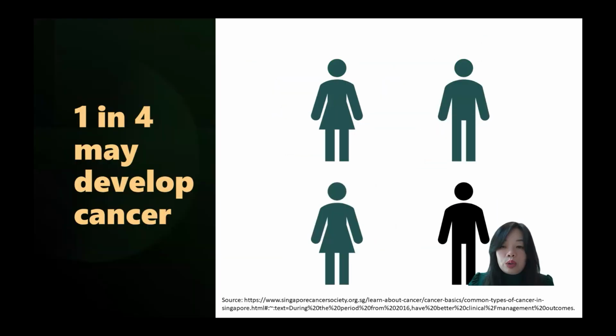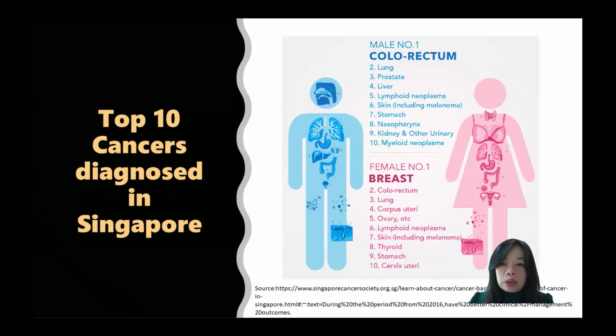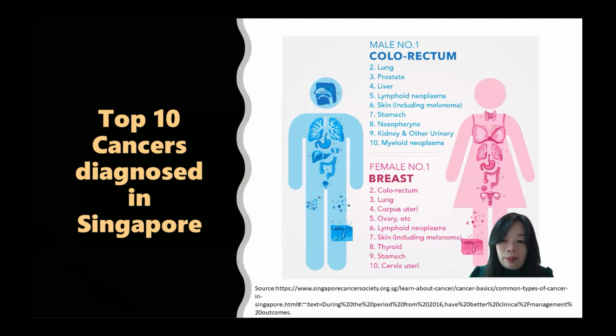So I'll run through the stats with you. Research done from 2016 to 2020 shows that 1 in 4 persons may develop cancer in Singapore. The top 10 cancers diagnosed in Singapore for male and female are as such.